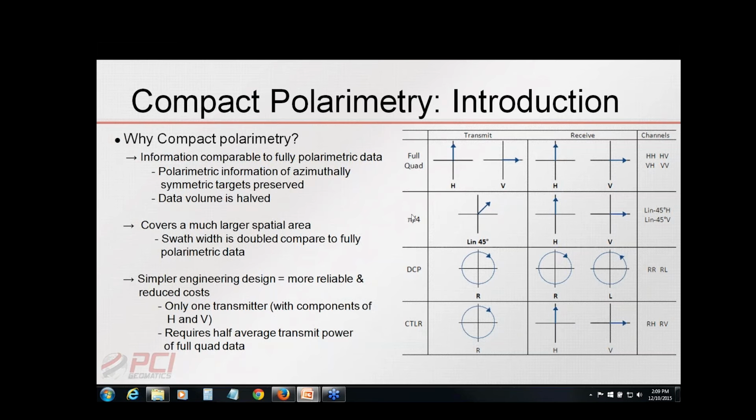Here I have a table that gives an overview of the different compact pol acquisition modes. Like I said, the main difference between the full quad and the compact pol acquisition is that instead of transmitting two signals to the ground, we send only one signal. And like for the full quad acquisition, we receive the backscattered signal with two polarizations. There are many compact pol modes available, and here three main ones are listed.